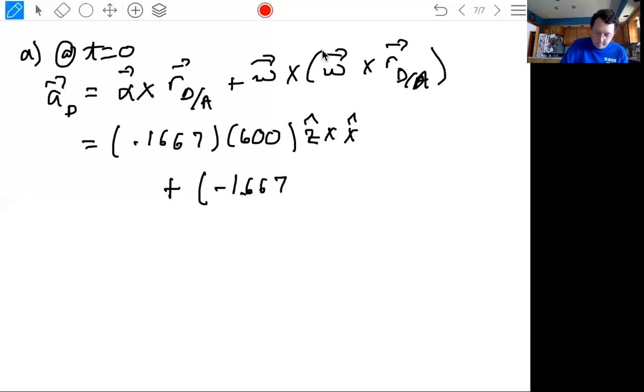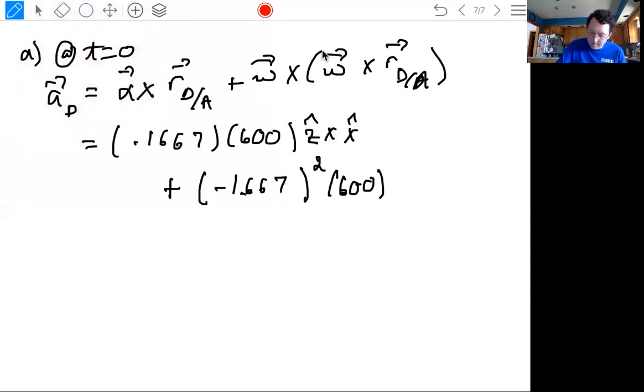Then I have to work out, plus, for the radial component, minus 1.667 squared, because each omega gives me a scalar factor, and then the r gives me a radius factor, and then I have to deal with some unit vector stuff. So these are my two omega factors, and the radius gives me an extra factor of 600 millimeters.